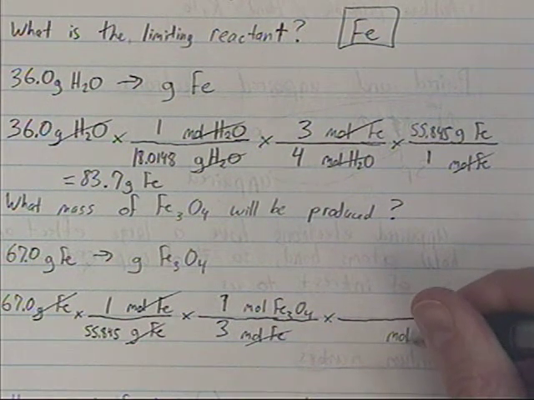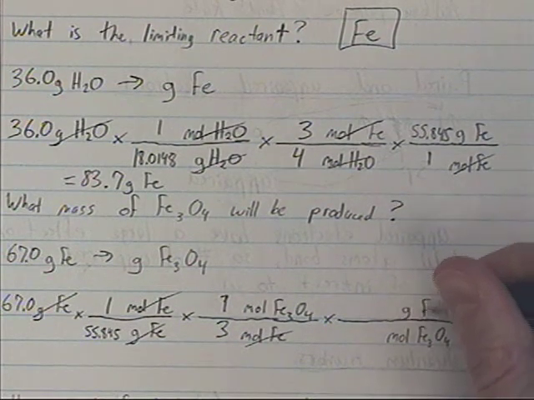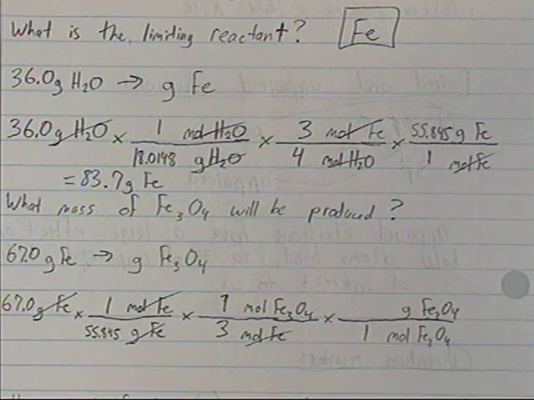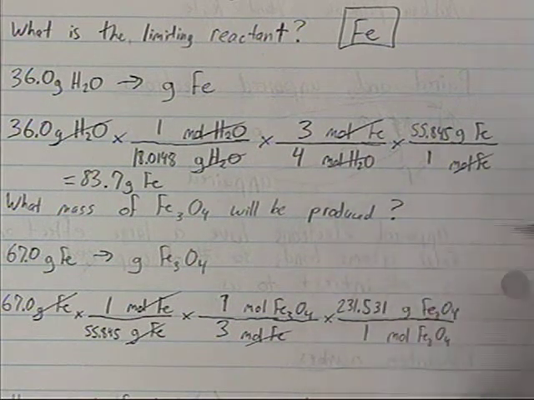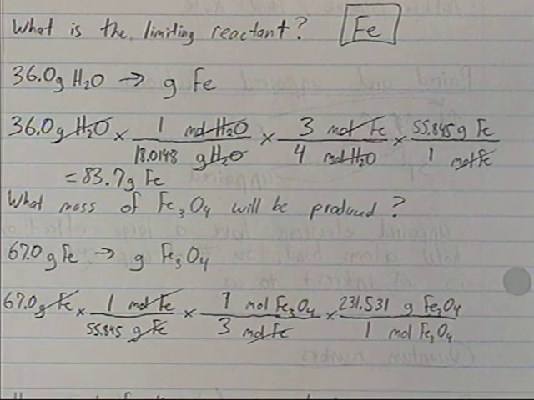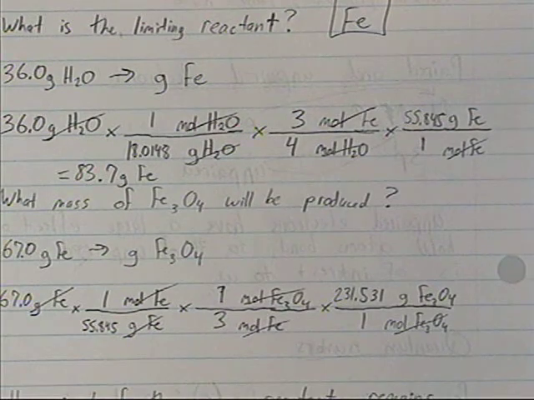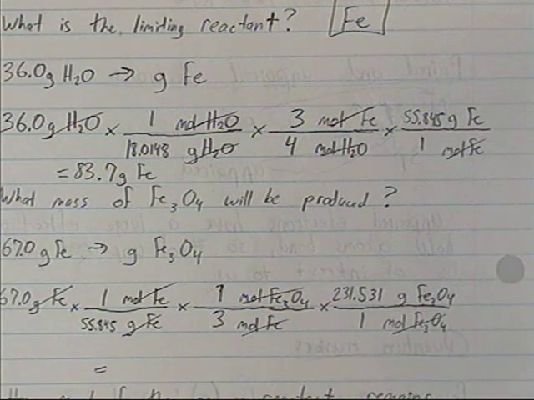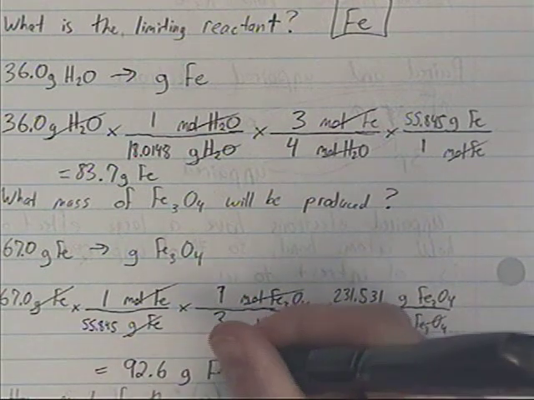So moles of Fe3O4 goes on the bottom, and grams of Fe3O4 goes up top. 1 mole of Fe3O4 has a mass of 231.531 grams. Again, off the periodic table, the mass of 3 irons plus the mass of 4 oxygens. Moles of Fe3O4 cancel and leaves me with grams of Fe3O4. And on this one, when I put that into my calculator, we get an answer of 92.6 grams of Fe3O4.